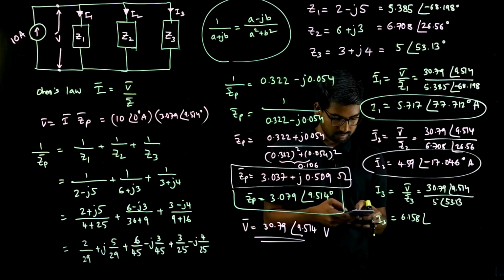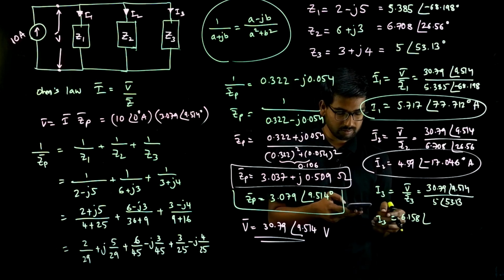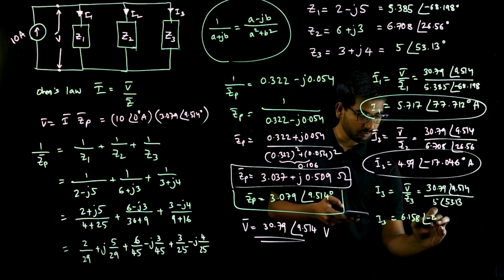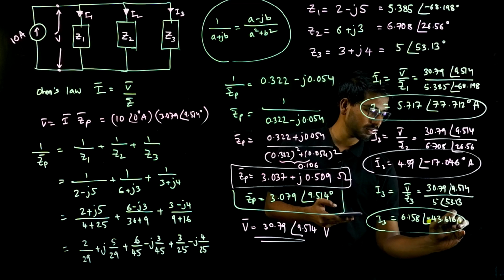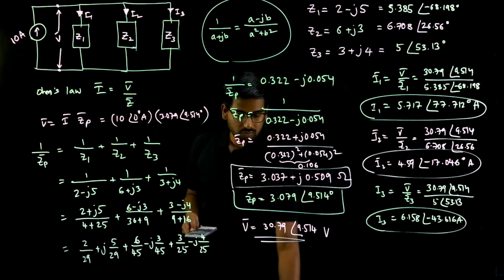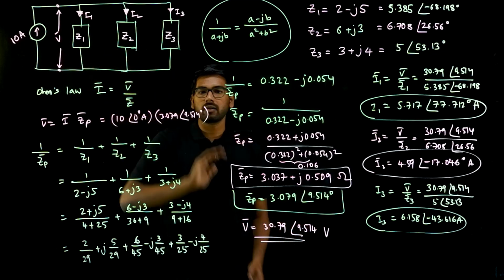Subtract the angle: 9.514 minus 53.13 is minus 43.616 amperes.